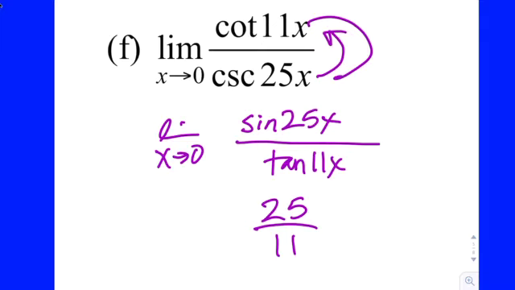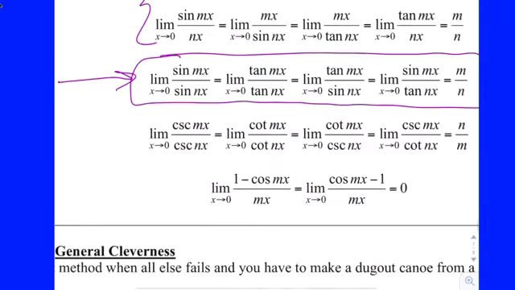All right. So we can use the reciprocal identities now to help us so that we don't have to memorize something else. If sines and tangents act the same way near 0, then if we have any combination of cotangents and cosecants, which are the reciprocal of sines and tangents, then we can use what we previously learned. We just have to remember to flip things. And that's where this line down here comes in.